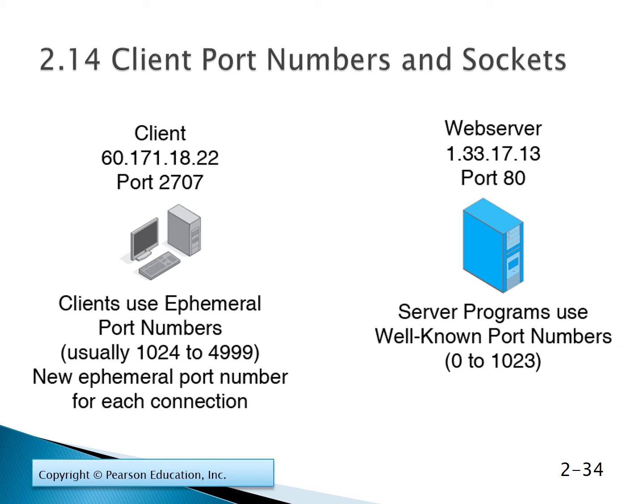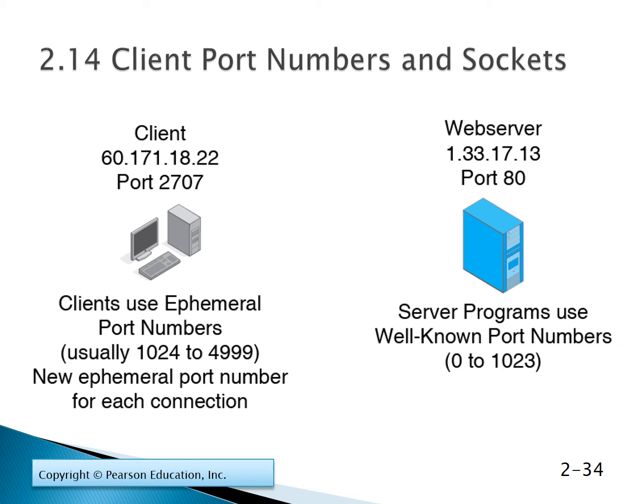They are reserved for the server applications. So usually the clients will use this range, and the server will usually use 0 to 1023. But of course, some other servers will use other port numbers, because 0 to 1023 are already used by a lot of well-known server programs. So when you have some new programs, you may have to find some new port numbers to use.